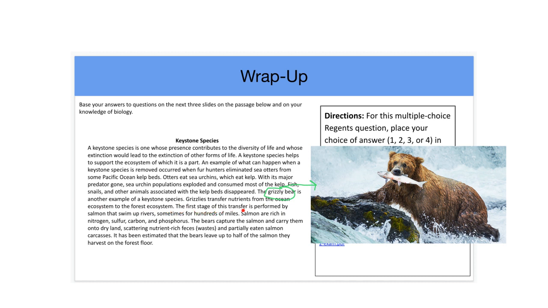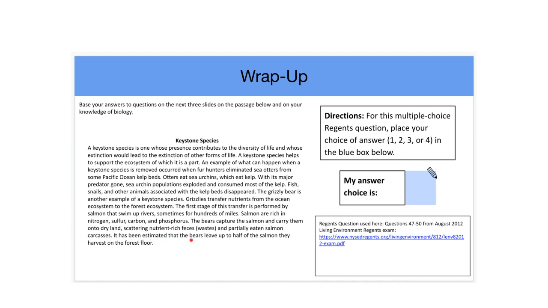The first stage of this transfer is performed by salmon that swim up rivers, sometimes for hundreds of miles. Salmon are rich in nitrogen, sulfur, carbon, and phosphorus. The bears capture the salmon and carry them onto dry land, scattering nutrient-rich feces, wastes, and partially eaten salmon carcasses. It has been estimated that the bears leave up to half of the salmon they harvest on the forest floor.